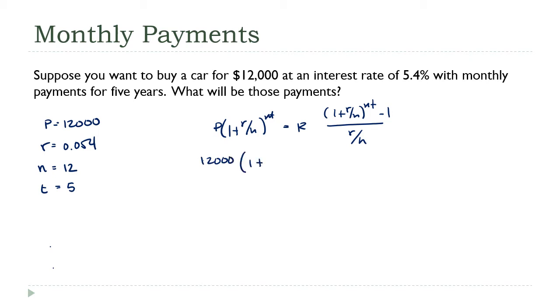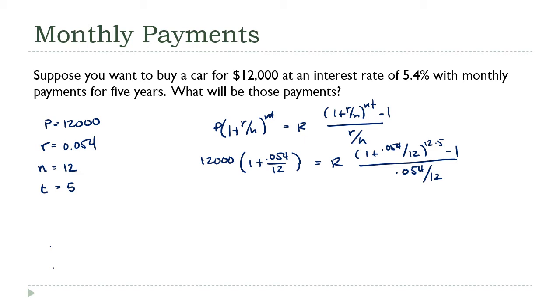12,001 plus 0.054 divided by 12 equals R times (1 plus 0.054 divided by 12) to the 12 times 5 power minus 1, over 0.054 divided by 12. Now you go to your calculator, right? And you do both sides.